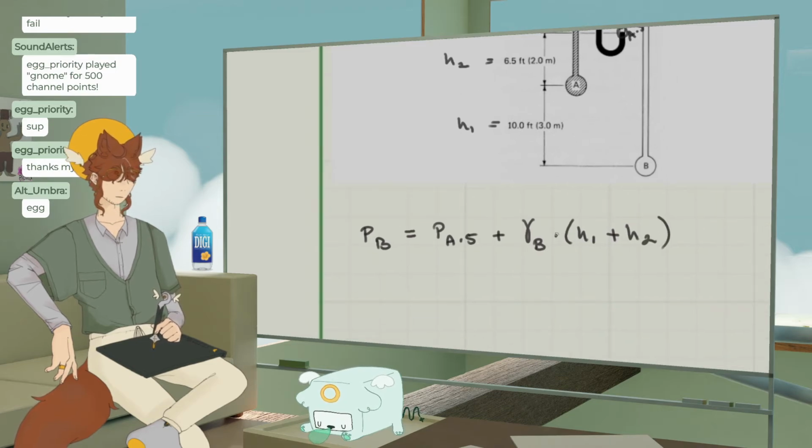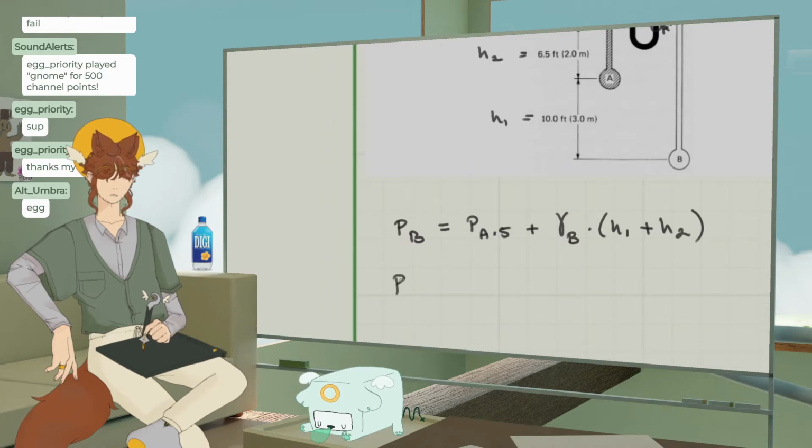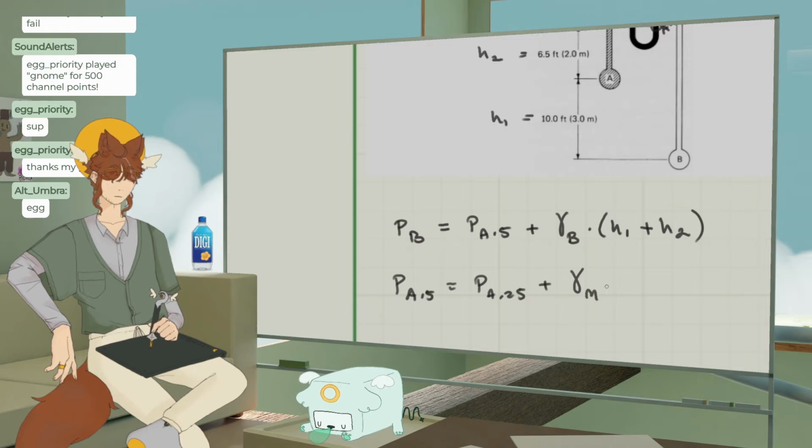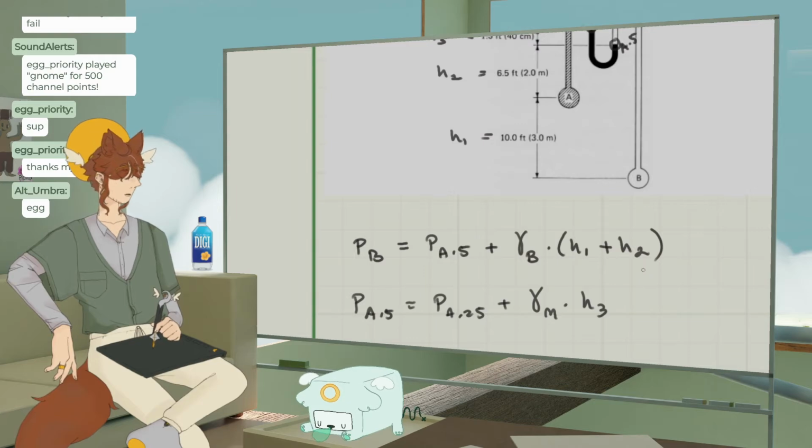Easy enough. Okay, so then what's the pressure at 8.5? That's going to equal the pressure at 8.25 plus rho of mercury times H3. Right? Because we go down a little bit and we add that much.